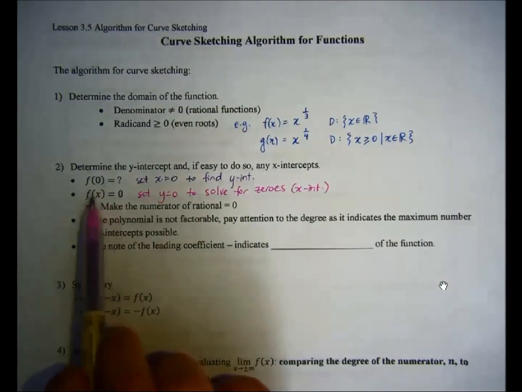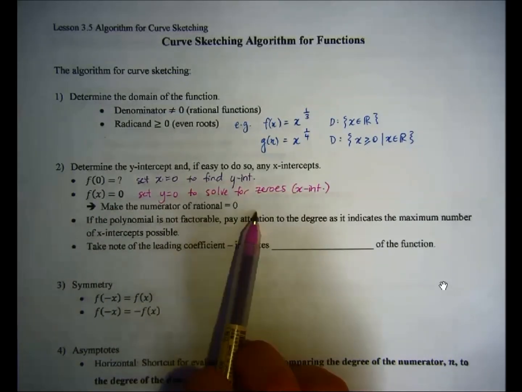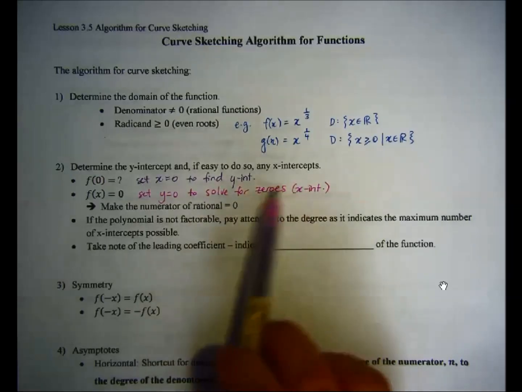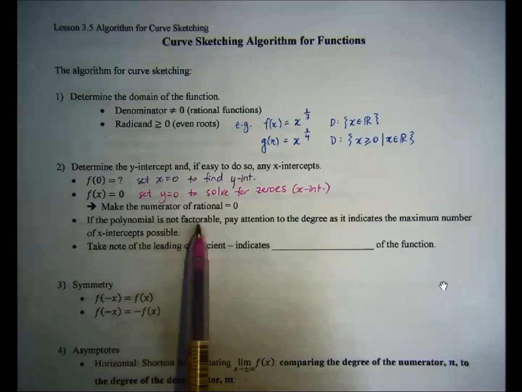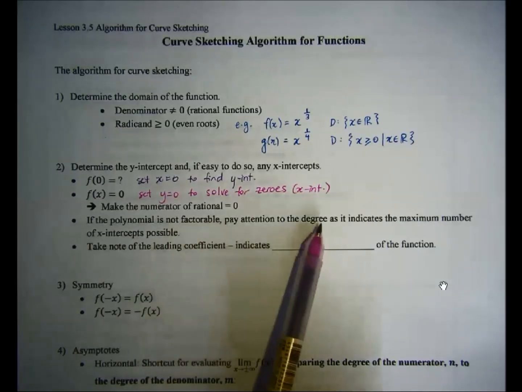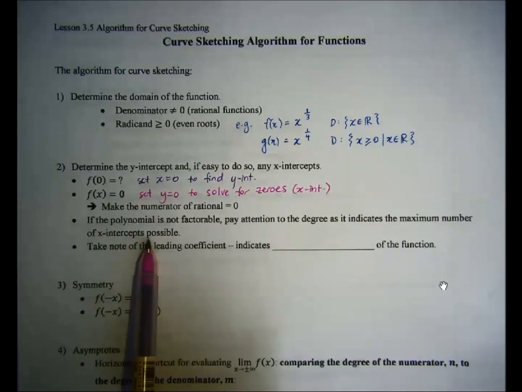And for this specific case, this means that the numerator of the rational functions should equal 0 if you want to figure out the x-intercepts. Okay? If the polynomial is not factorable whatsoever, just pay attention to the degree because it indicates the maximum number of x-intercepts that are possible.